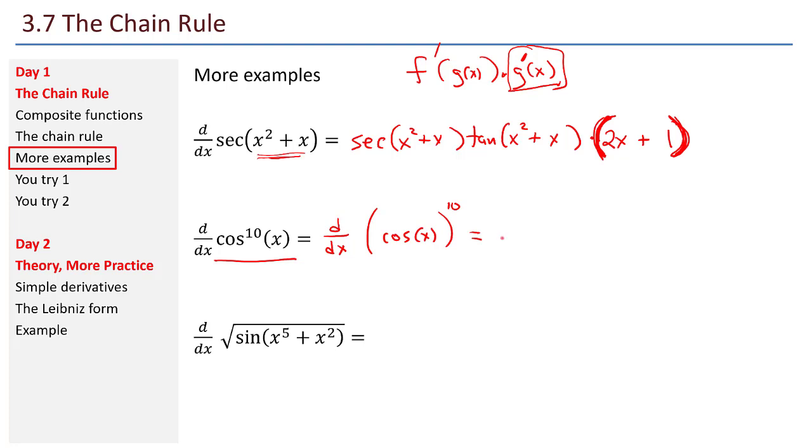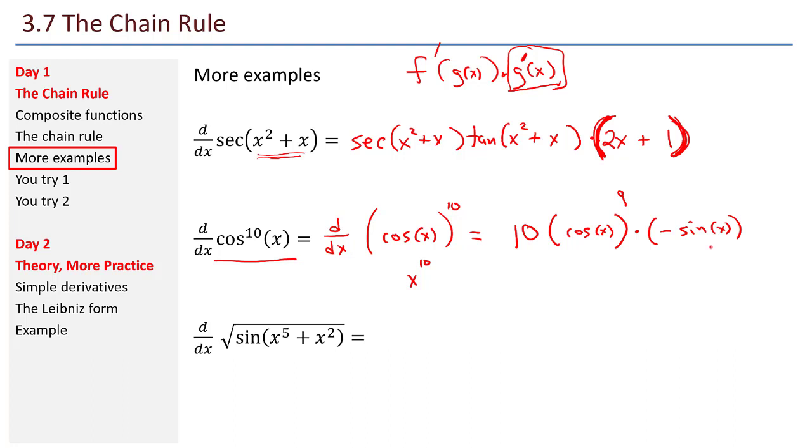The outside function is just x to the 10. And so the derivative of x to the 10 is 10x to the 9. Well, 10 something to the 9. Now I'll put the original inside in there, the cosine, and then multiply times the derivative of cosine, negative sine x.